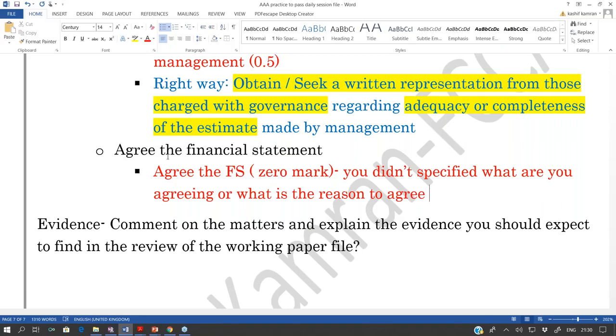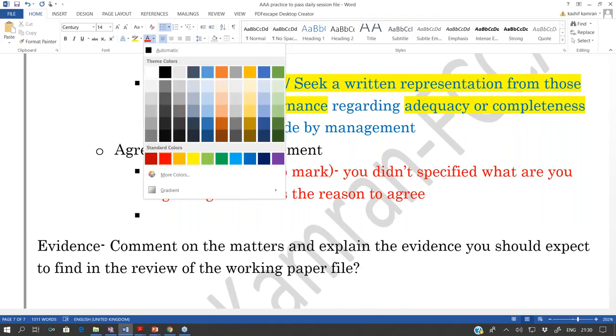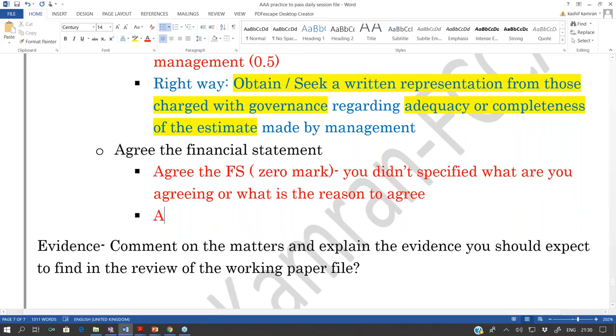Okay, then comes another student who says, let's improve this. Another student would write it this way: agree the amounts for the contingent liability disclosed in the notes to the financial statements.